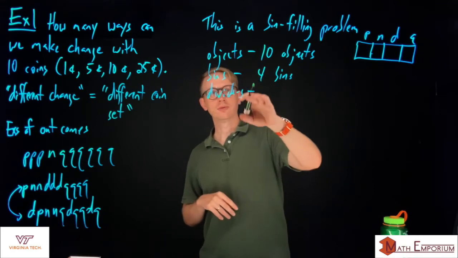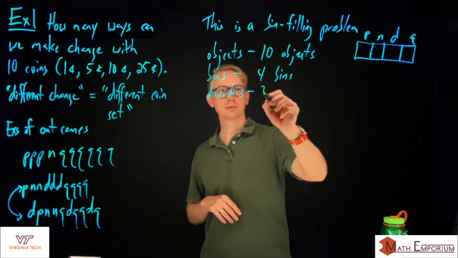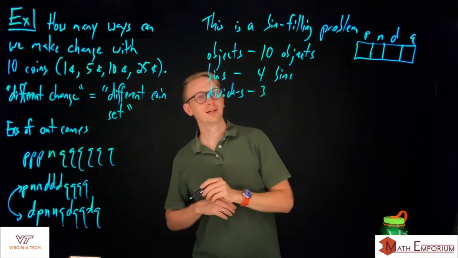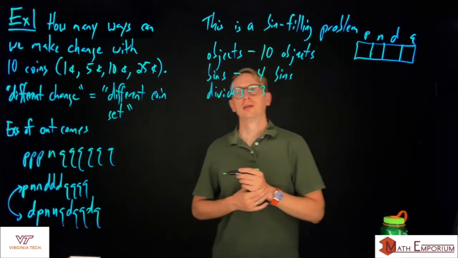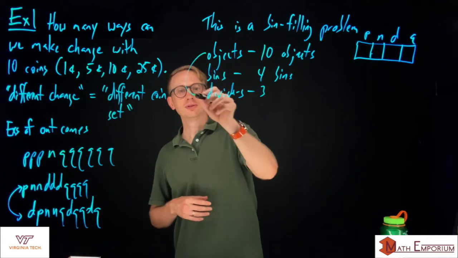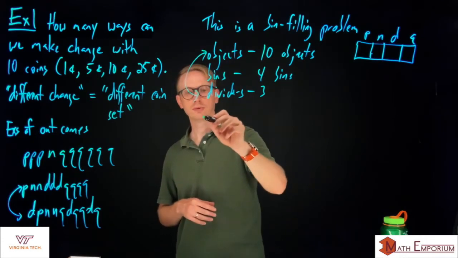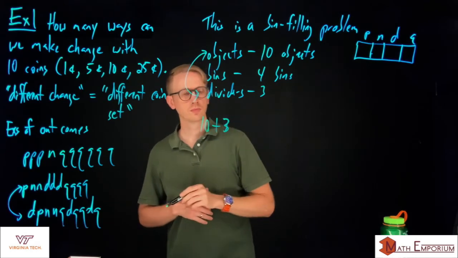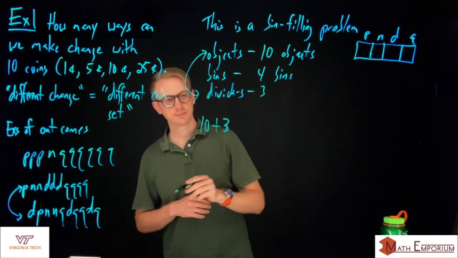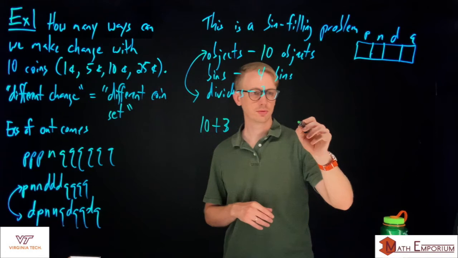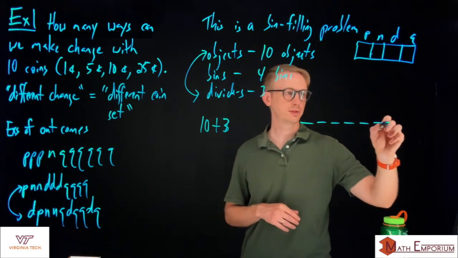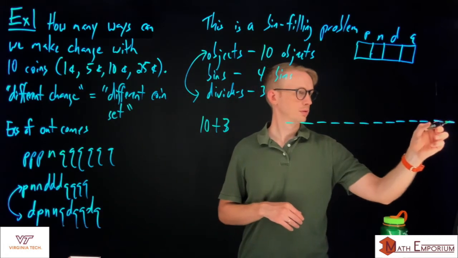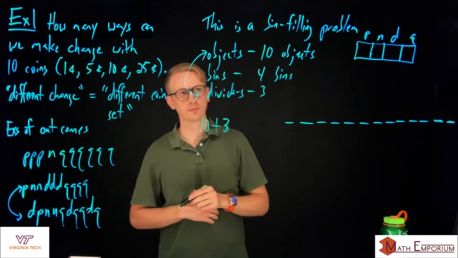All right, now to get your dividers from bins, it's 1 less, so 3 of them. All right, 3 dividers. So we take our objects and dividers: 10 plus 3 gives us 13 blanks. 1, 2, 3, 4, 5, 6, 7, 8, 9, 10, 11, 12, 13. 13 blanks.